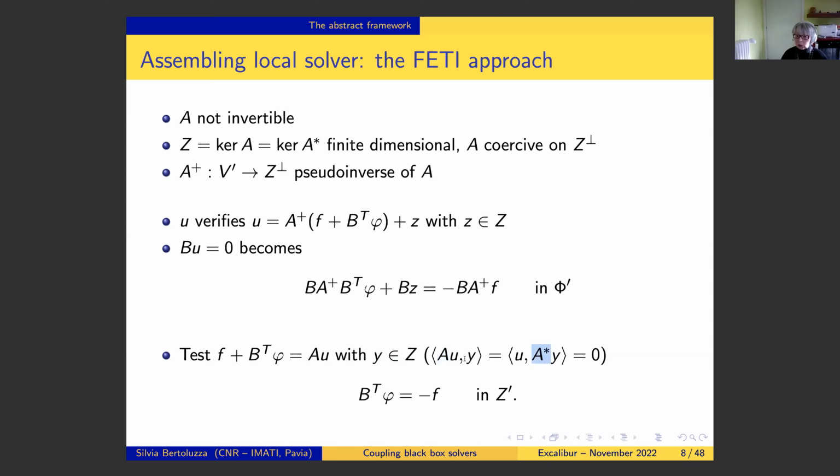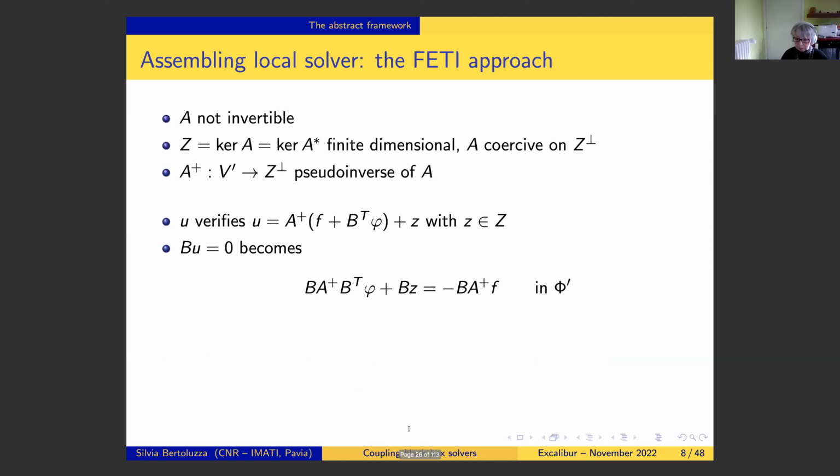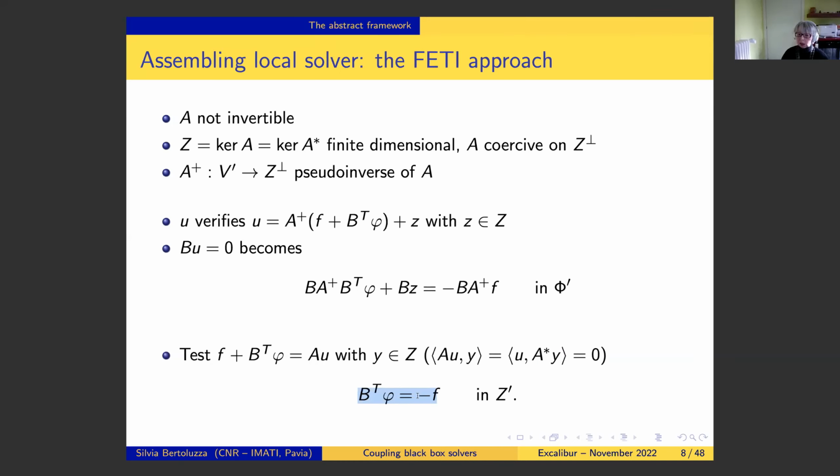If I test AU times an element of the kernel, this is U times A star applied to the element of the kernel, which is in the kernel of A star, and vanishes. So this part vanishes, and I obtain this condition on the multiplier: B transpose phi equals minus F as an element of Z prime, so of the dual of the kernel of A.